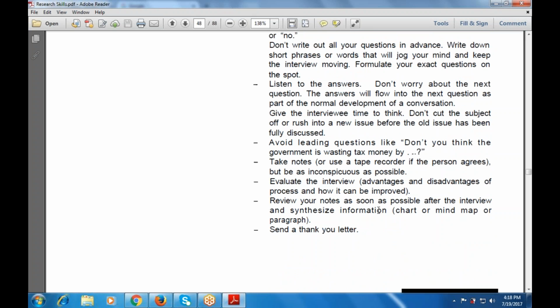As soon as possible means 1 hour, 2 hours, 3 hours, not delayed by 4 or 5 hours. Also synthesize the information, making charts, a mind map, or a paragraph as per your opinion. But the main thing is that you have to calculate whether that person is suitable for your job position or not.